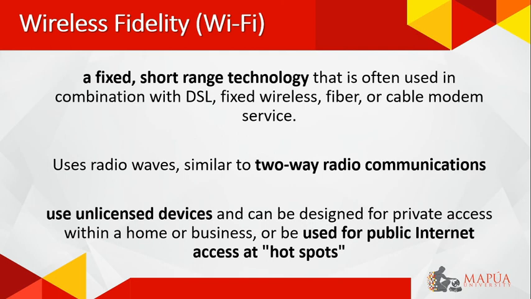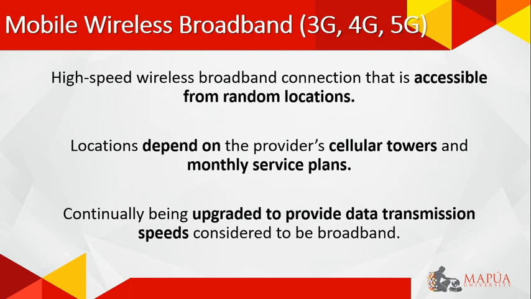The next type of wireless broadband technology is mobile wireless broadband, or 3G, 4G, and 5G. This is a high-speed wireless broadband connection that is accessible from random locations. Locations depend on the provider's cellular towers and monthly service plans, continually being upgraded to provide data transmission speeds considered to be broadband.